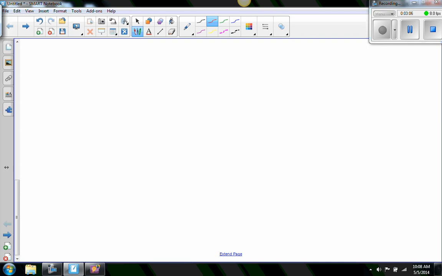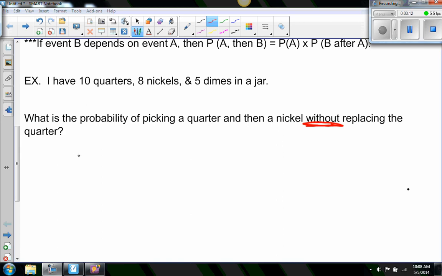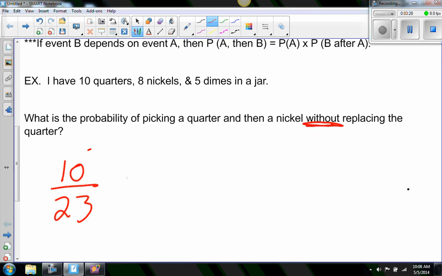So first of all, what is the probability of picking a quarter? I have 10 quarters out of 23 coins, right? So I have 10 chances out of 23. Then it says I want to choose a nickel. Well, I have 8 chances of choosing a nickel. Be careful on this part. This is what changes with the dependent ones. Are there still 23 coins in there?